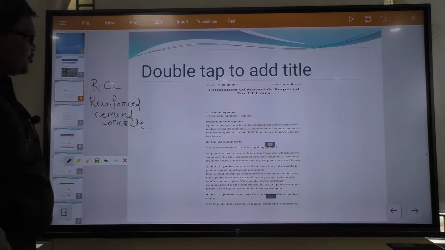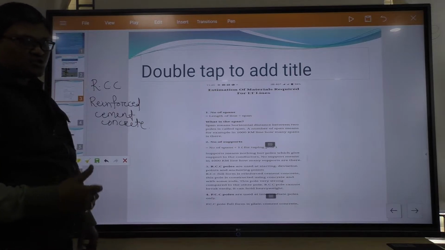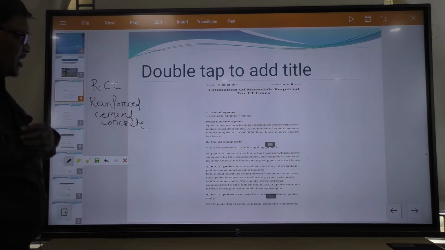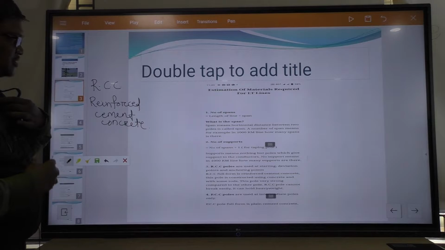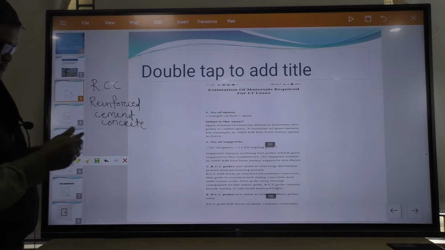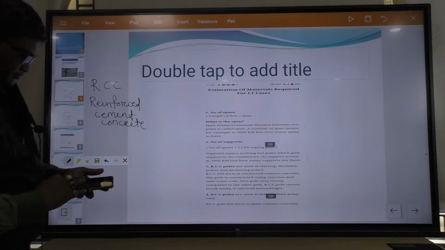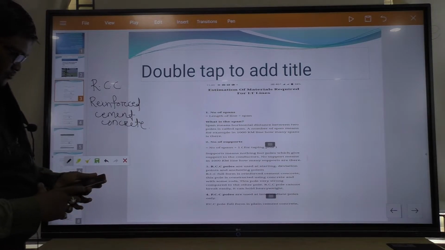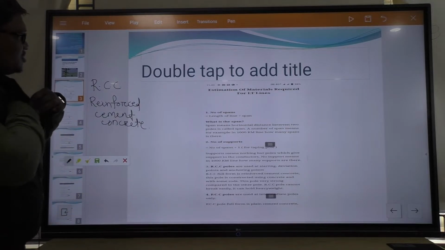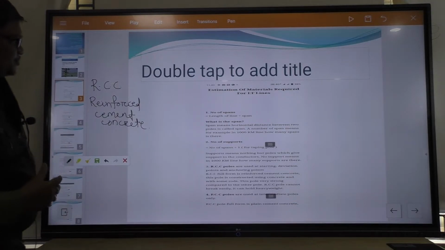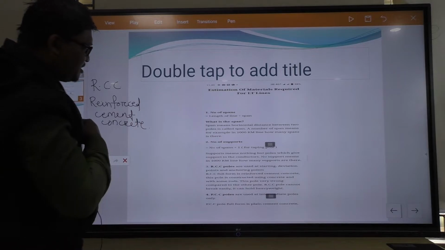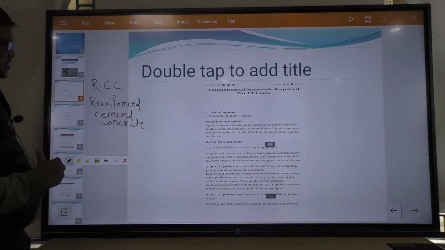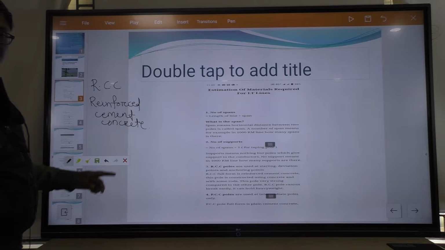This RCC pole is a very strong pole. RCC poles are used at starting points, deviation points or anchoring points.